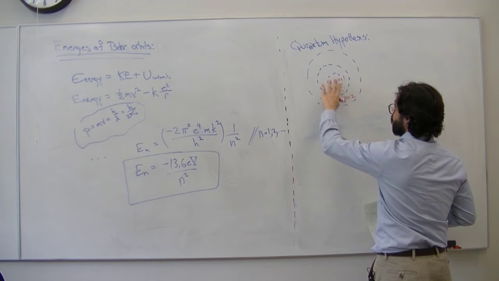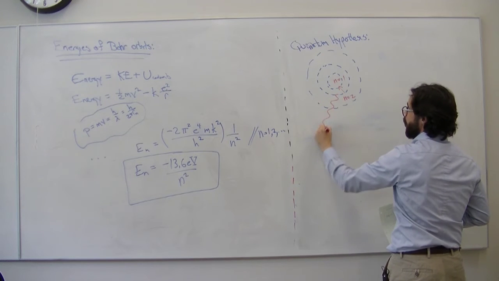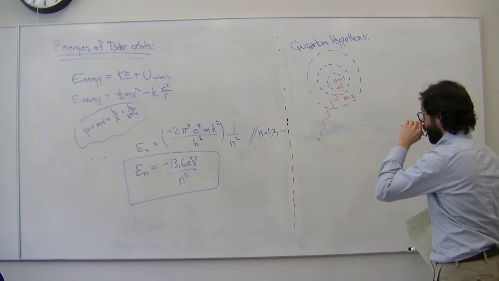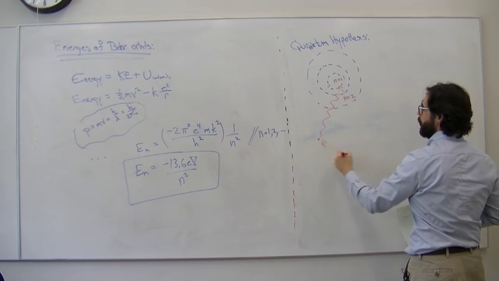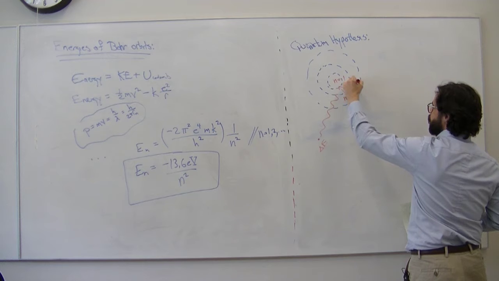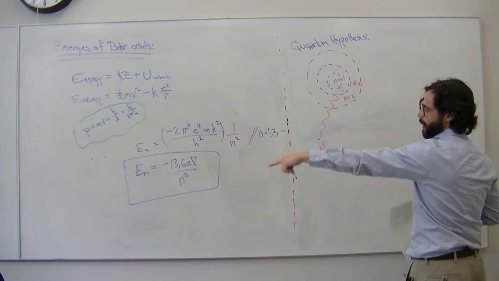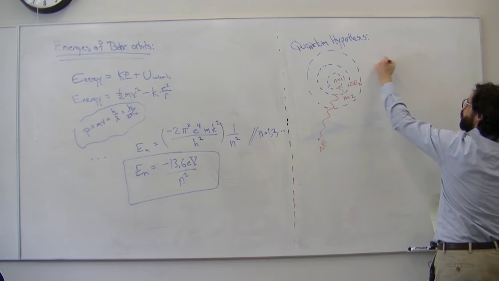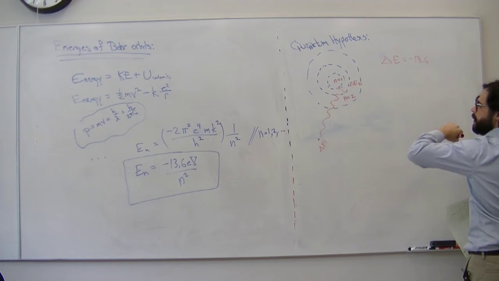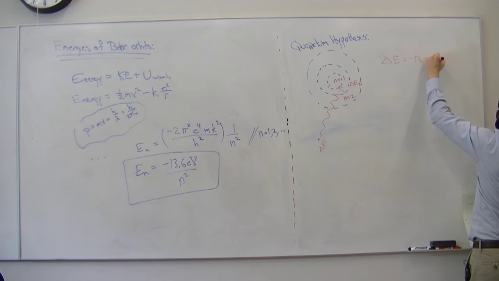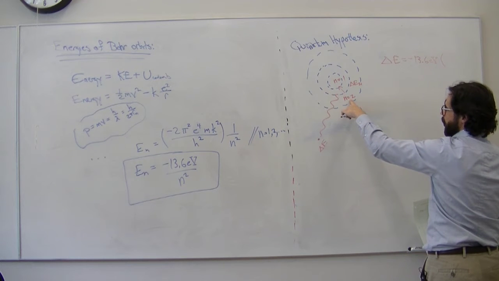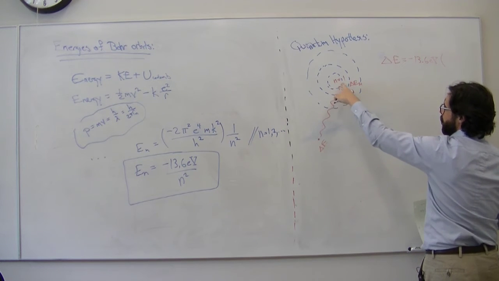Okay? We're going to conserve energy, so that energy leaves in the form of light, aka a photon, and this photon has some energy. That photon has the exact same energy that I dropped when I went from n equals 2 to 1. And I can figure that out. So my delta E would be minus 13.6 electron volts, and then we started at 2 and we ended at 1.